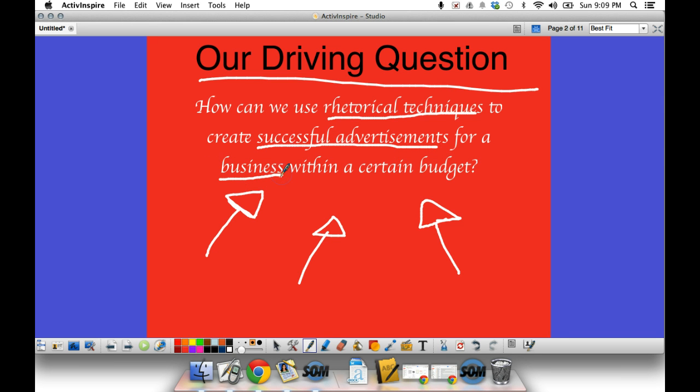You're actually going to be working for a business on this. And then a certain budget. And so it's going to deal with actually making the ad and then calling certain places to see how much it would cost to put ads on the air. Not necessarily your ads, but just ads in general. Okay? And we'll talk more about that later on.